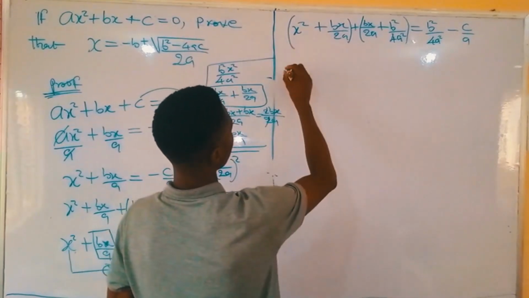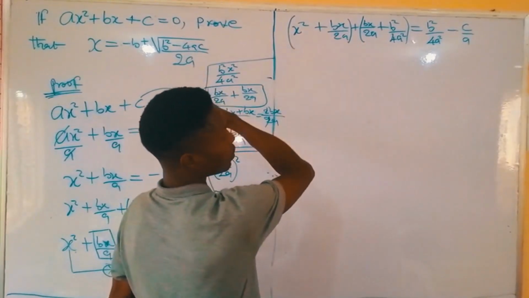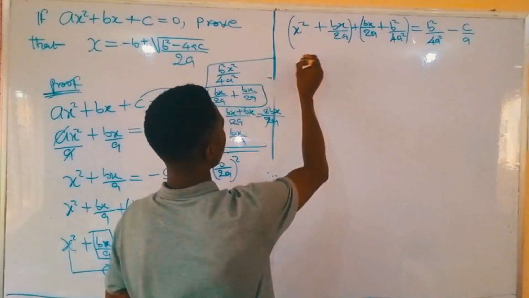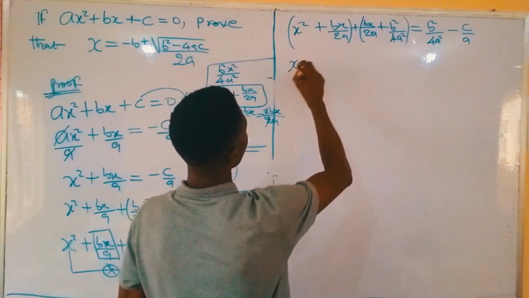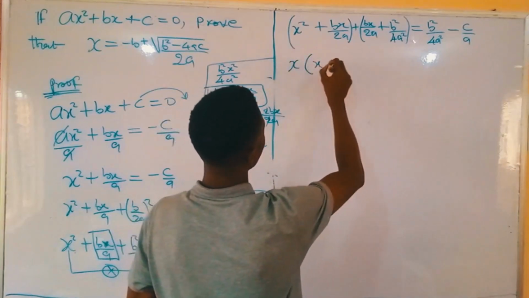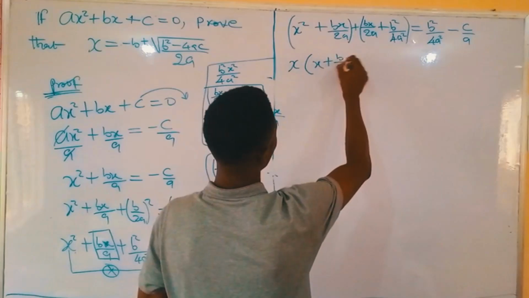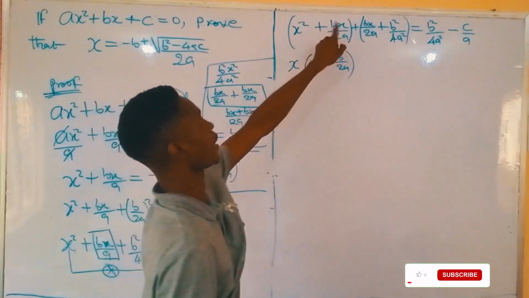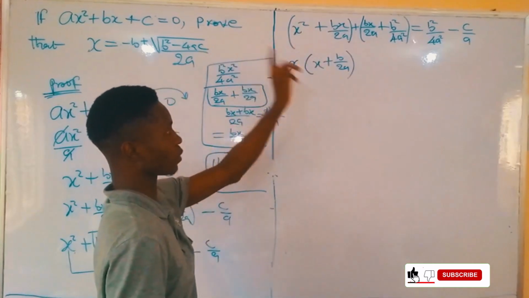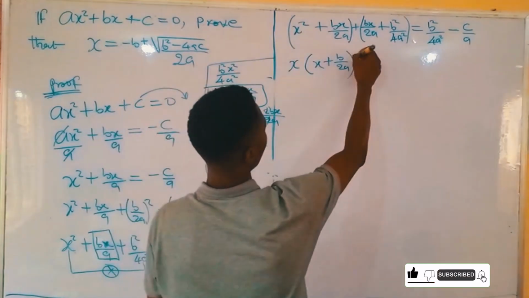We are shifting out one of the x, so this is going to be x into x plus b over 2a, because there is x here and there is x squared here. So if we shift out one, we get this.